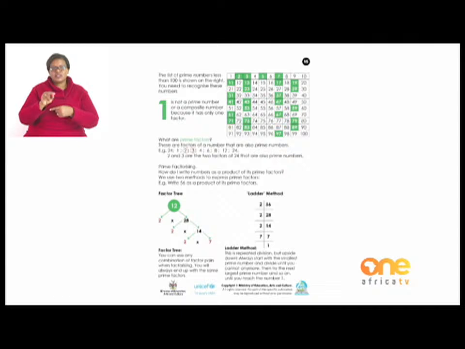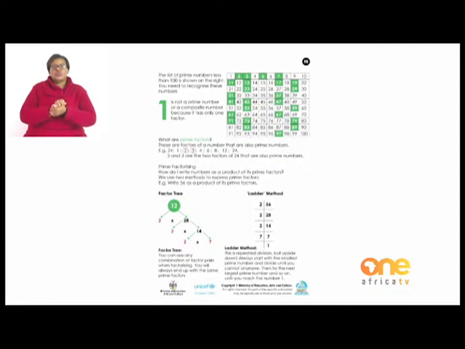So the numbers on the left side are the prime factors, which are 2 and 7. And that is how you use the ladder method to factorize the number 56.